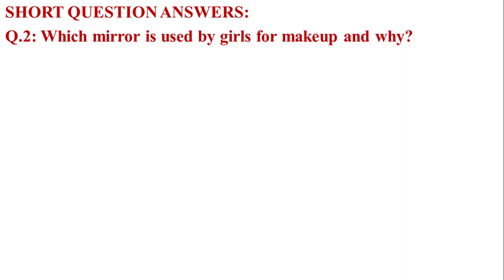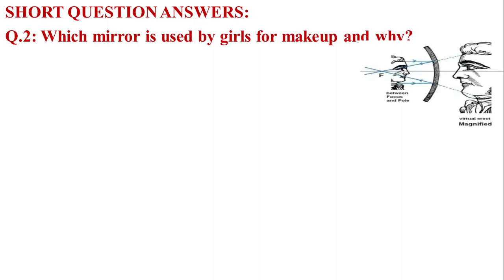Now we will move to question number 2. Which mirror is used by a girl for makeup and why? So this is the simple answer to this question. First of all, see the answer in the diagram.